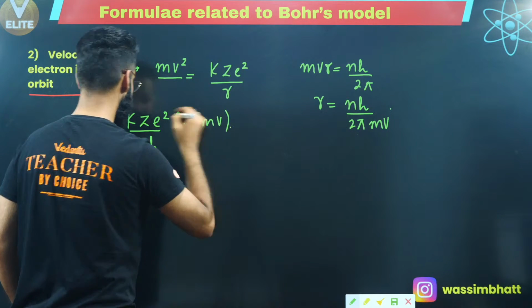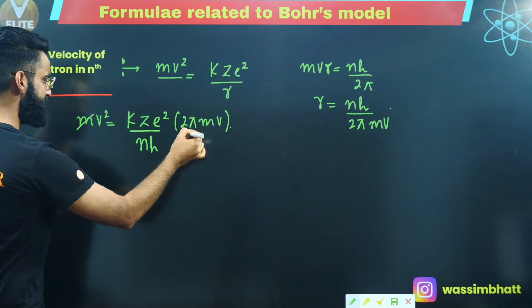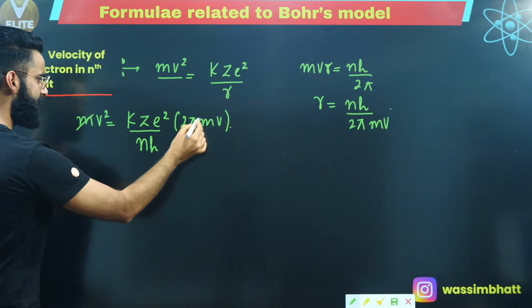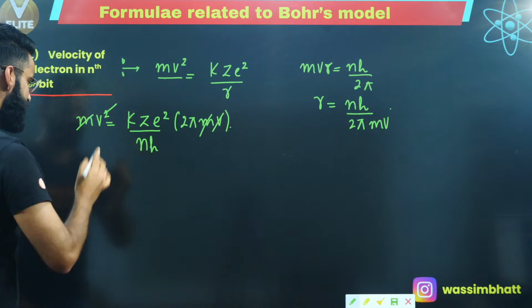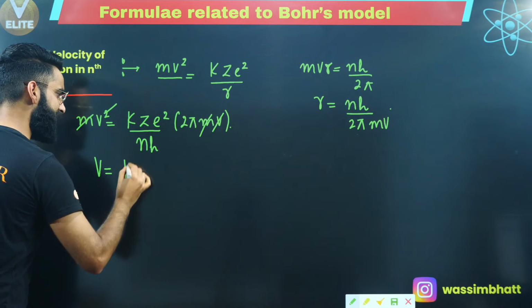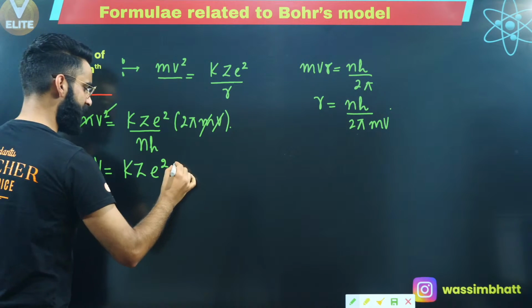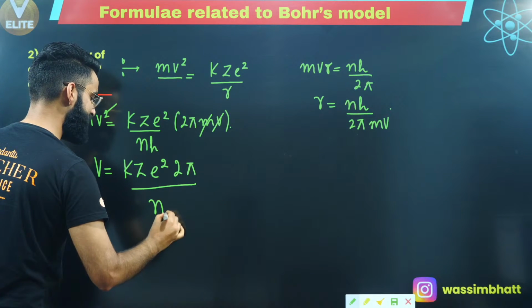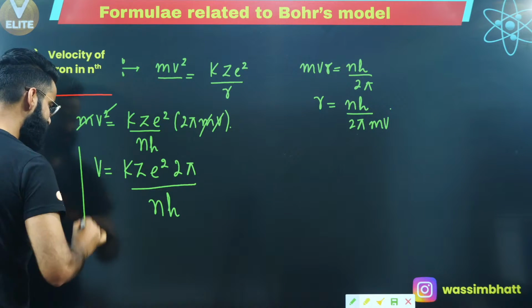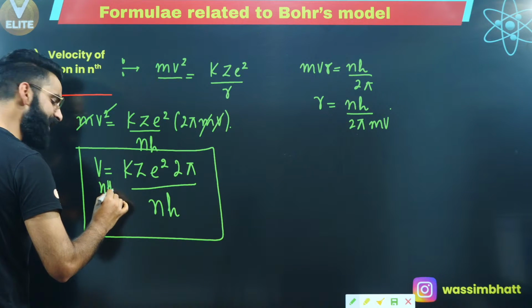The m and m will get cancelled out, one of the v and one of the v gets cancelled out, so you get v is equal to k z e square multiplied by 2 pi divided by nh. This is how we calculate the velocity of the electron in any Bohr's orbit.